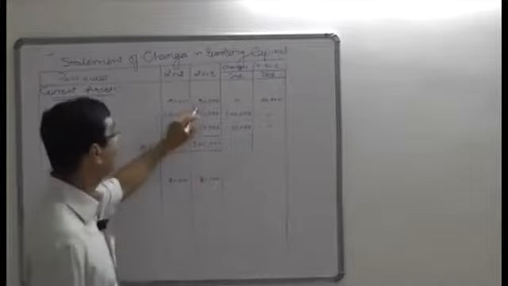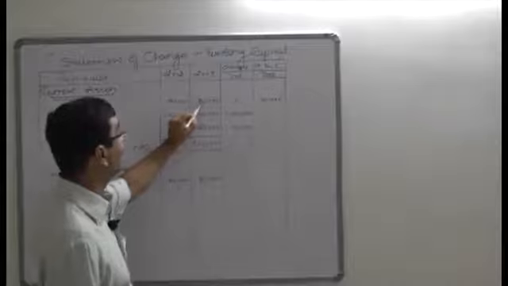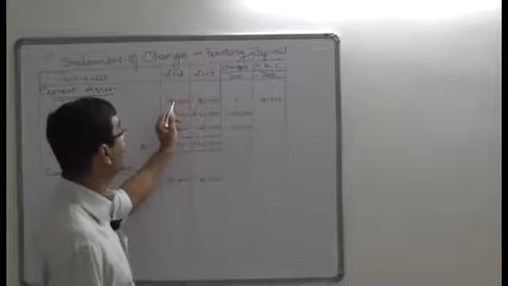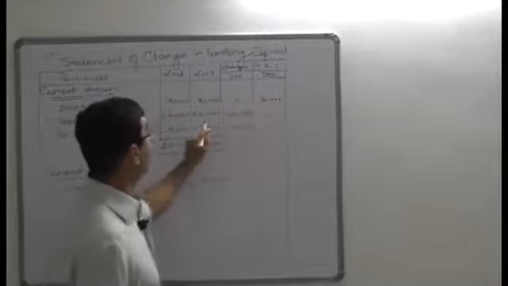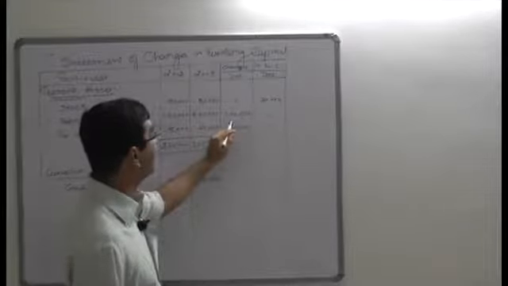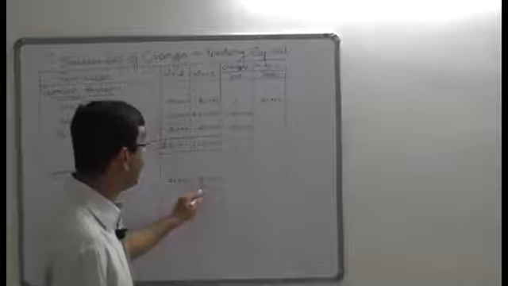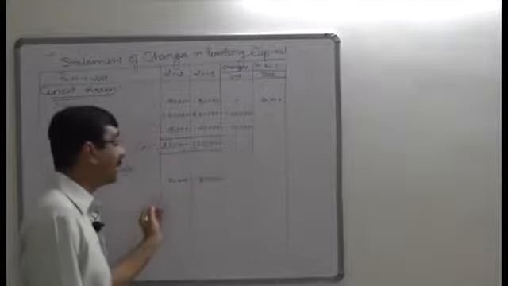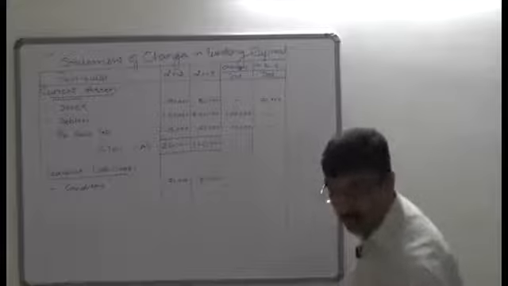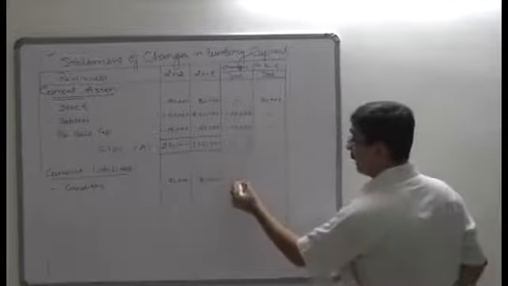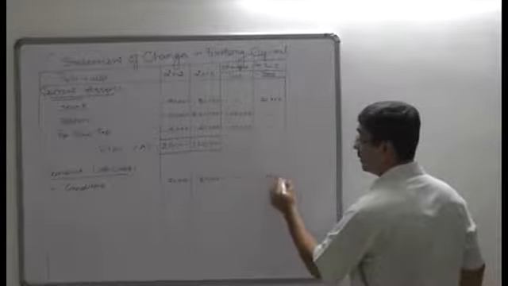Current assets formula was what? If the current assets current year is lower than the last year, it's a decrease. If it is higher than the last year, that means it is an increase. Here it is reverse. If the current liability current year is higher than the last year, it is considered as a decrease in working capital.